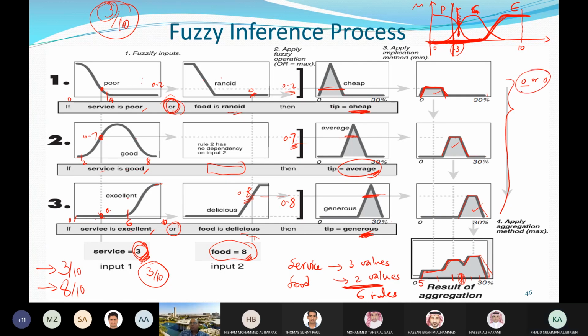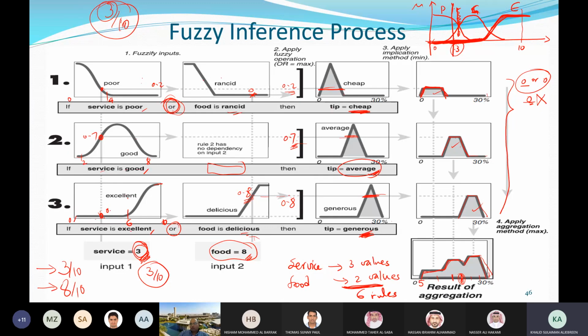In this case, the output will be 0 for the antecedent, and that means that this rule is not fired. So whatever rules are fired here, you combine the outputs. This is the collective output of these if-then rules.